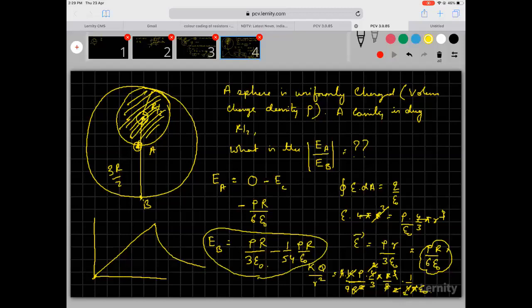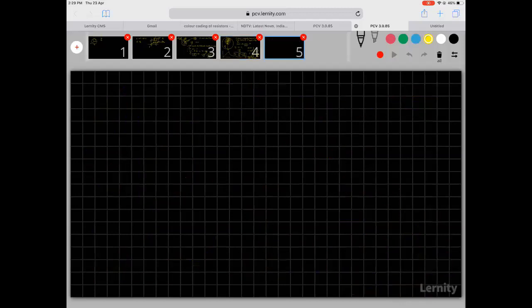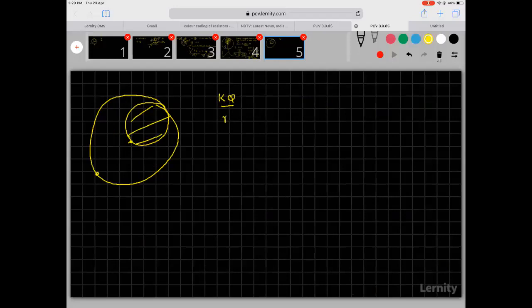Now this part you may have a doubt again. So let me take you to a new page and then do it. See, it was like this, right? I'm talking about the electric field here. Had this all been there, full solid been there, the electric field here would have been kq by r squared. So k is 1 by 4 pi epsilon naught.